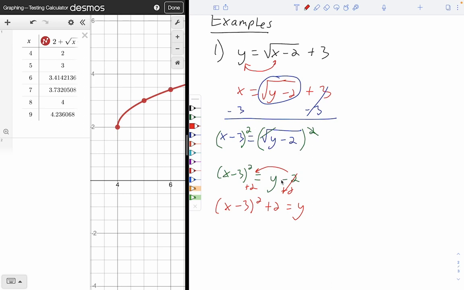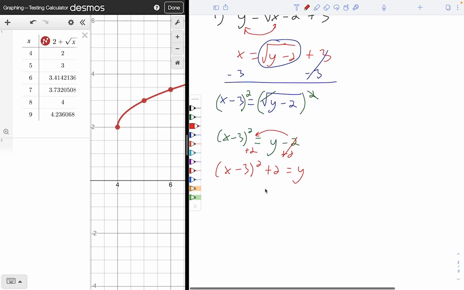The last little piece is not nearly as important, but you should be aware of it for multiple choice answer choices. This is the inverse equation. The last thing we probably should do is label it as the inverse. So to label this as the inverse, you're going to write f to the negative 1 of x is equal to that equation, x minus 3 squared plus 2.